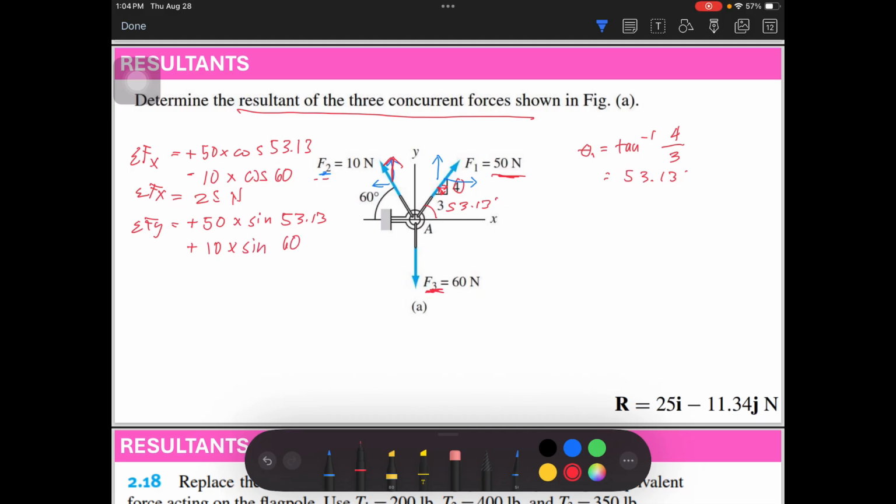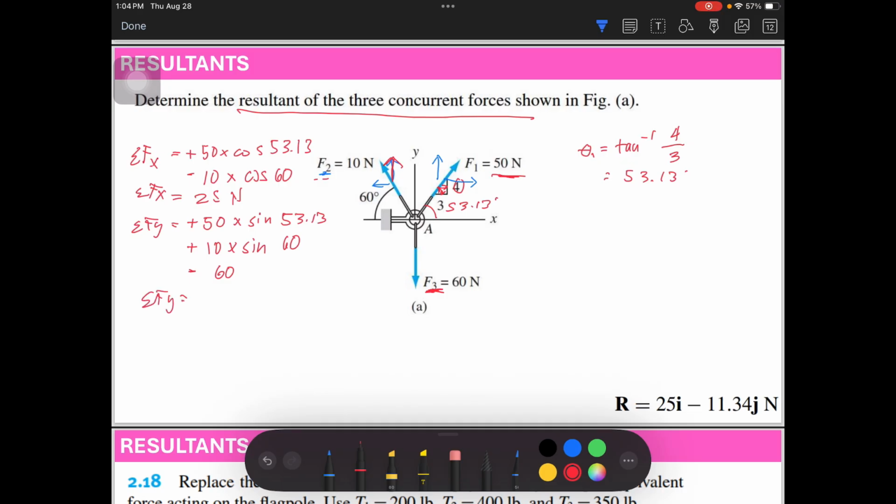And then for F3, meron yung vertical component. And since hindi siya inclined, directly downward siya. So buong 60 positive. Ipa-plus. Joke lang. Since it's downward, negative yan. Negative 60 Newton. So, summation mo na ang lahat ng yan.